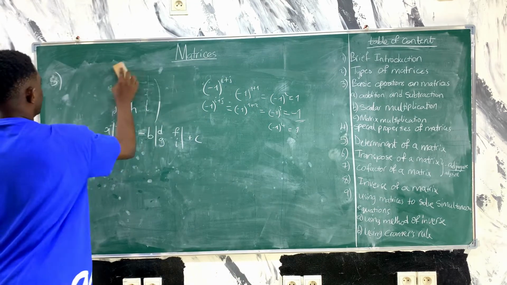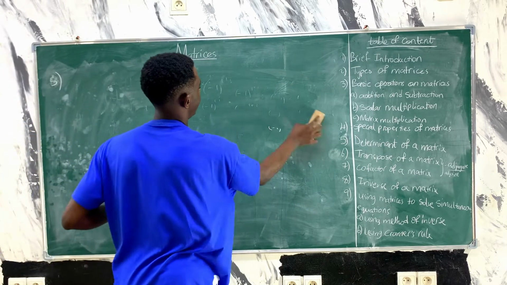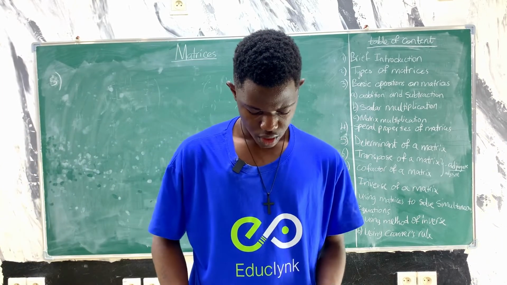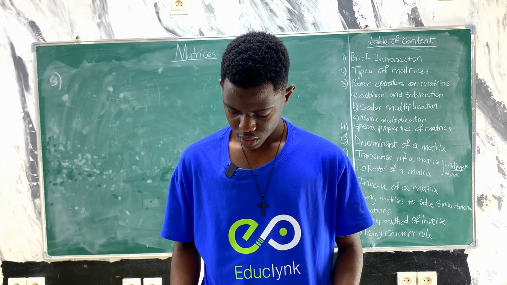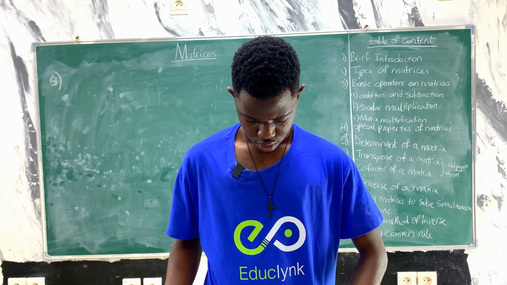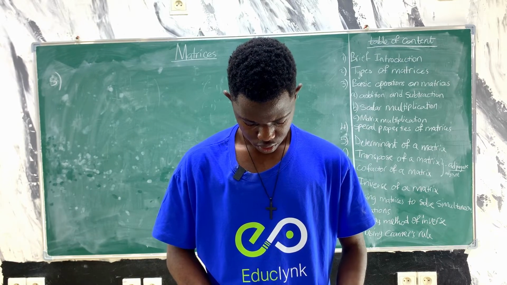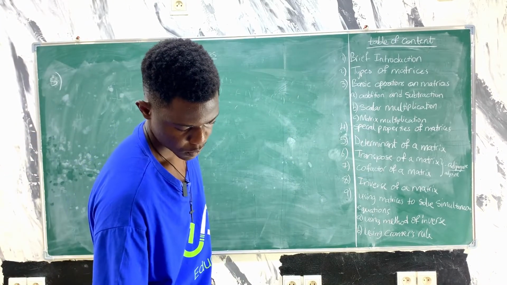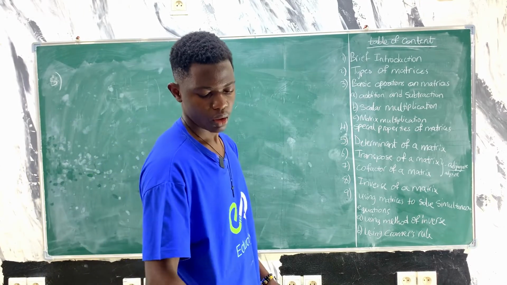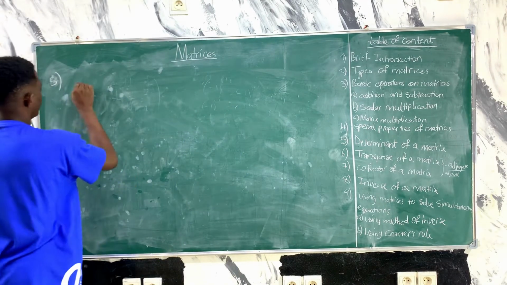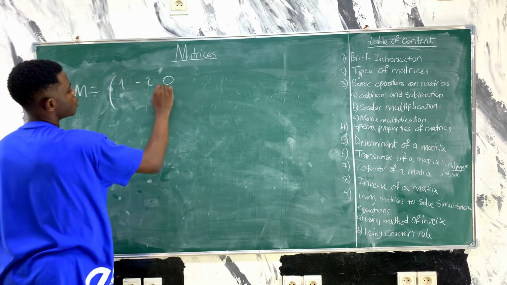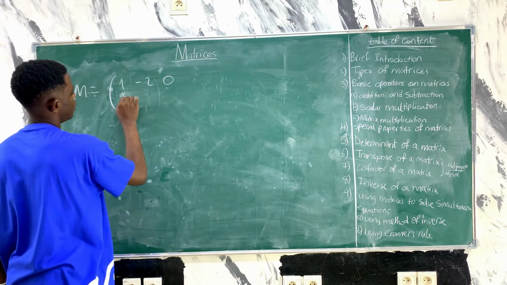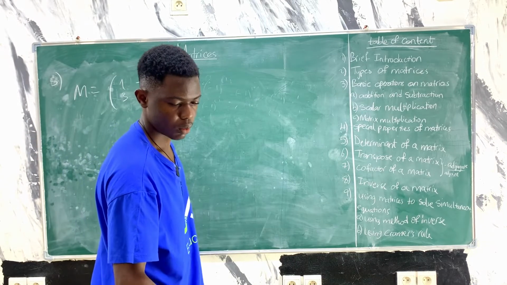So let's take an actual example: 1, minus 2, 0, 3, 1, 5, 1, 2, 3.